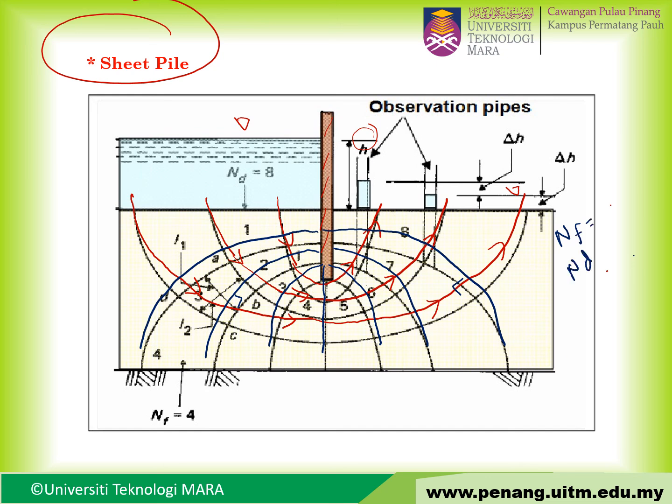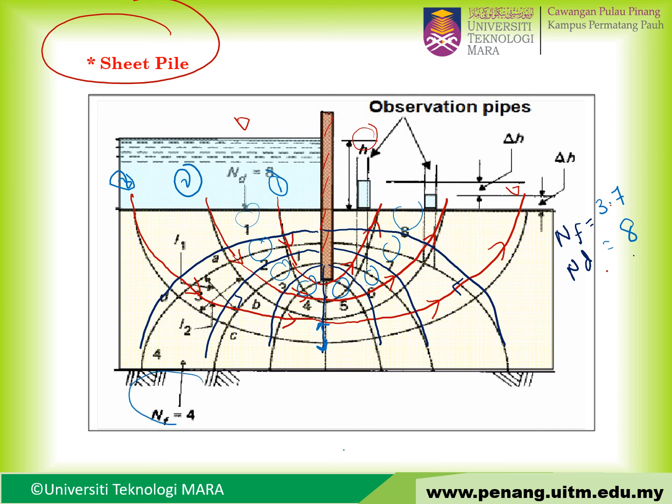So you have NF is 1, 2, 3, and then you have another value here, which should be 3.7 for example, and then ND. You have 1, 2, 3, 4, 5, 6, 7, 8. So ND is 8.